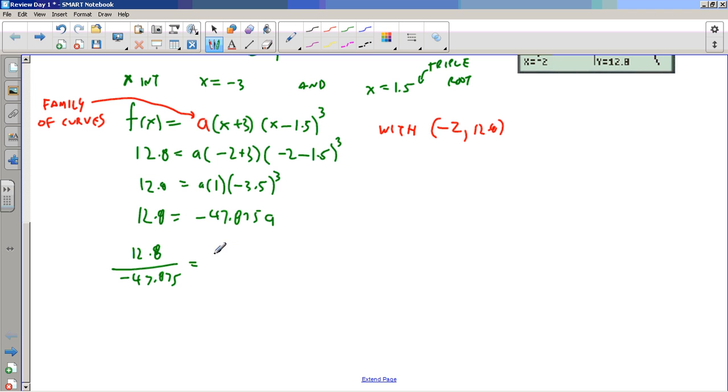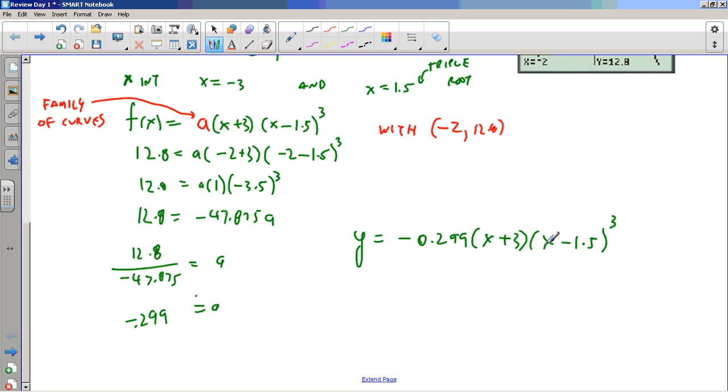It's negative 0.299. I wonder if this was rounded up here on the calculator. I'm wondering if that was supposed to be negative 0.3. But anyway, y equals negative 0.299 times (x plus 3) times (x minus 1.5) cubed.